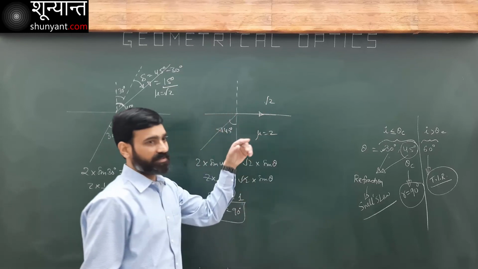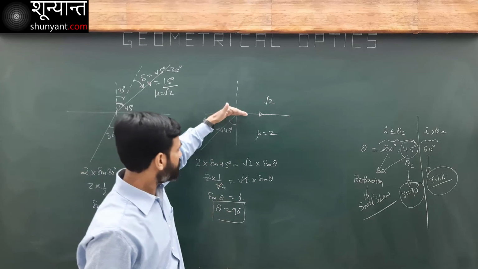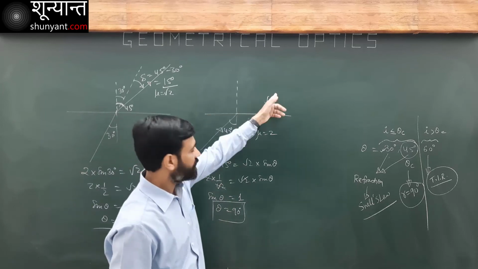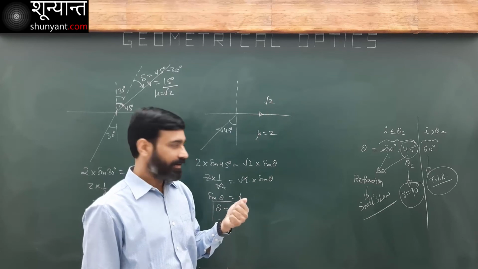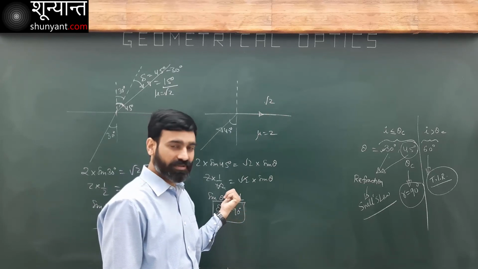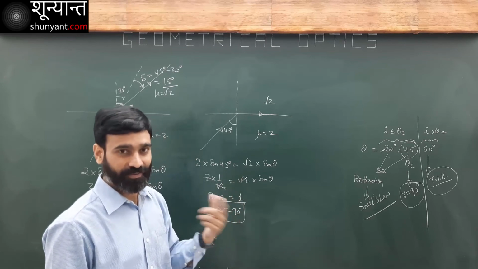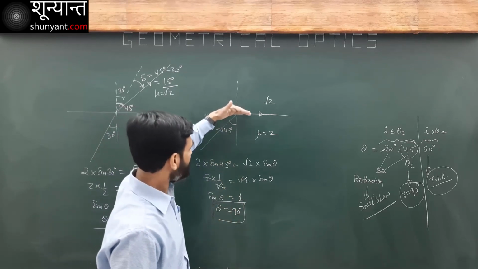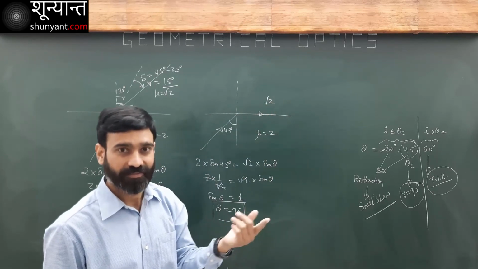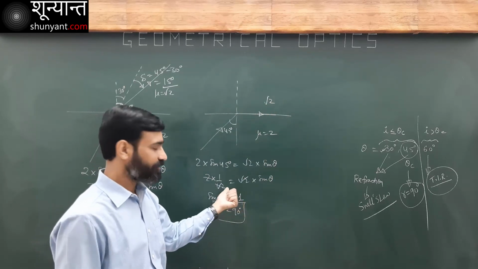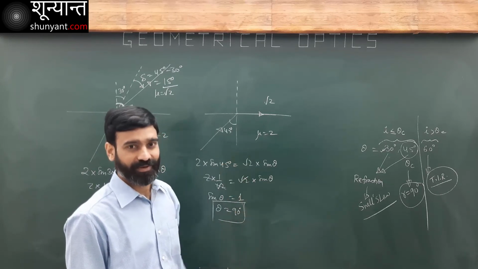Now, is this reflection or refraction? This is refraction. The light just enters the other medium, and it follows Snell's law. That means it must be refraction. It appears as if the light does not enter this medium, so it should not be refraction, but it is refraction, because it follows Snell's law, the biggest proof that it is refraction.